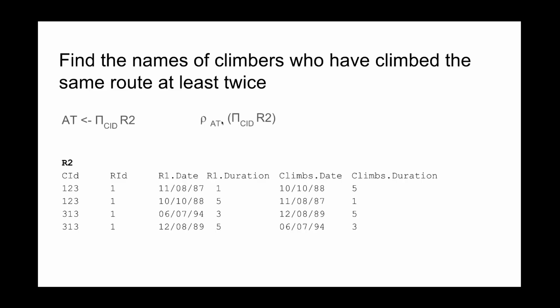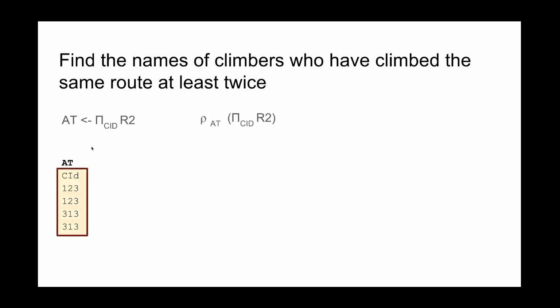Let's pass to the next part. Once we have this table R2, the solution in the slide says that we are going to rename it to A0 and keep only the CID because we don't need all the other things. We are just searching for the names of the climbers, so we don't need any other information. So doing this is going to filter, change the name to A0 and keep this information.